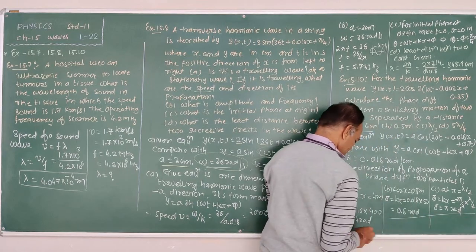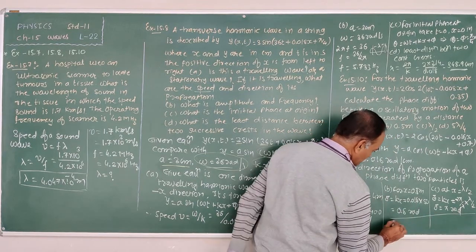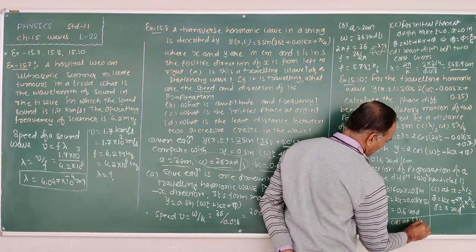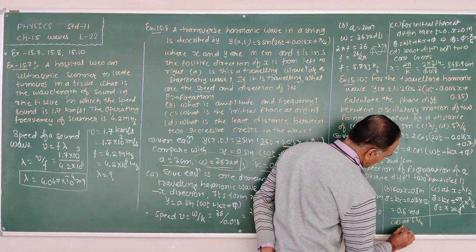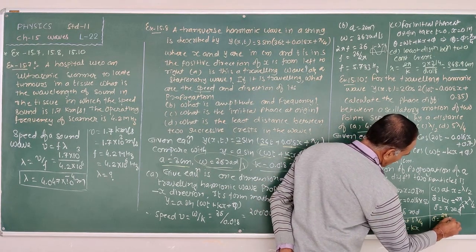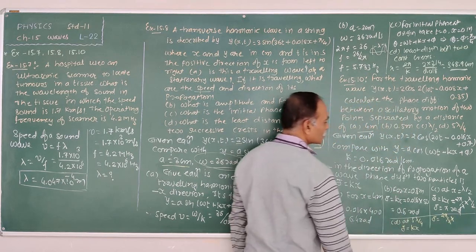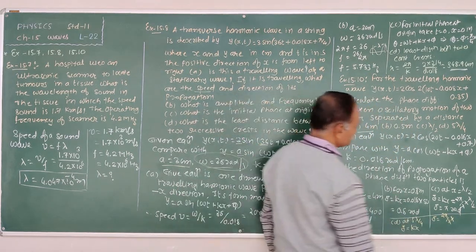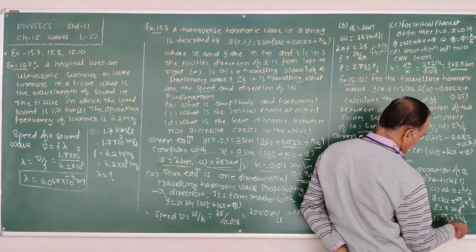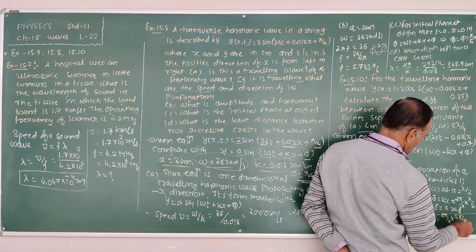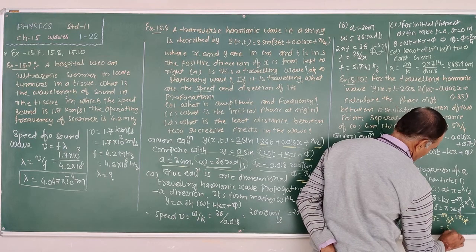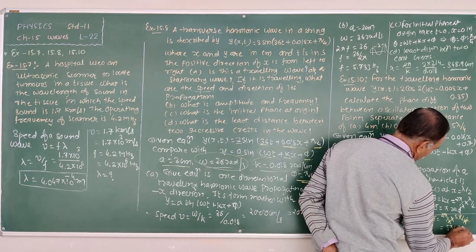And d, at what distance given? 5 lambda by 4. Therefore, delta is equal to kx, that is 2 pi upon lambda into 5 lambda by 4. Lambda, lambda cancel, and 2 cancels, therefore pi by 2 radian.